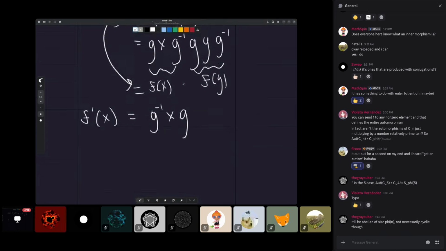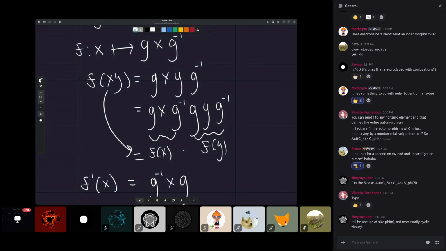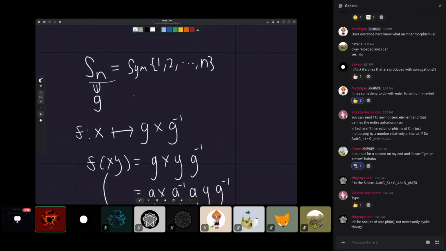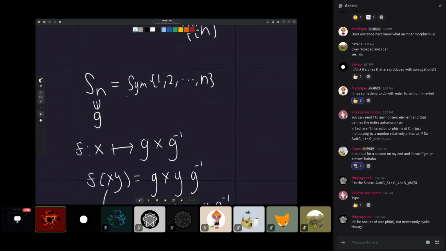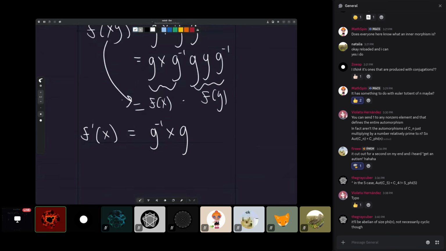It's easy enough to check that's an inverse: if you substitute this in for x here, the g and the g inverse cancel on the left and on the right, and you're left with x. So you've got an inverse for f. Therefore, f is invertible. It's an automorphism of Sn. These are called the inner automorphisms, the ones that you get in this way by conjugating by an element.